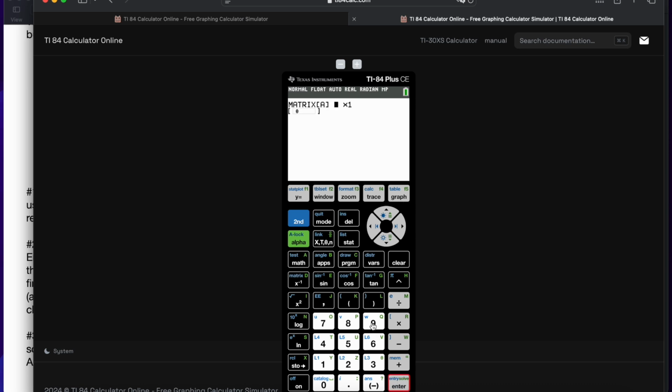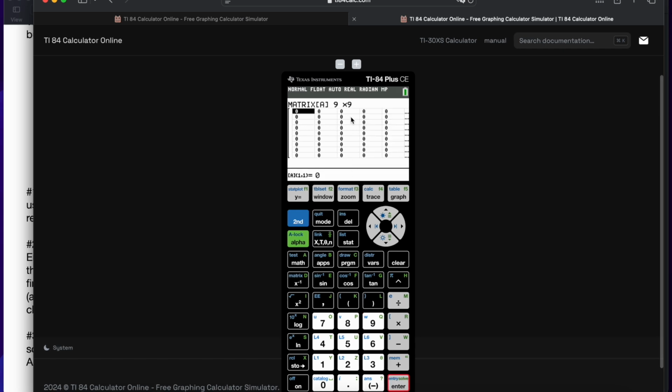I'm going to put in the dimensions. It should be 9 by 9. Hit enter. And so now our next step is to input all of the values for this matrix.